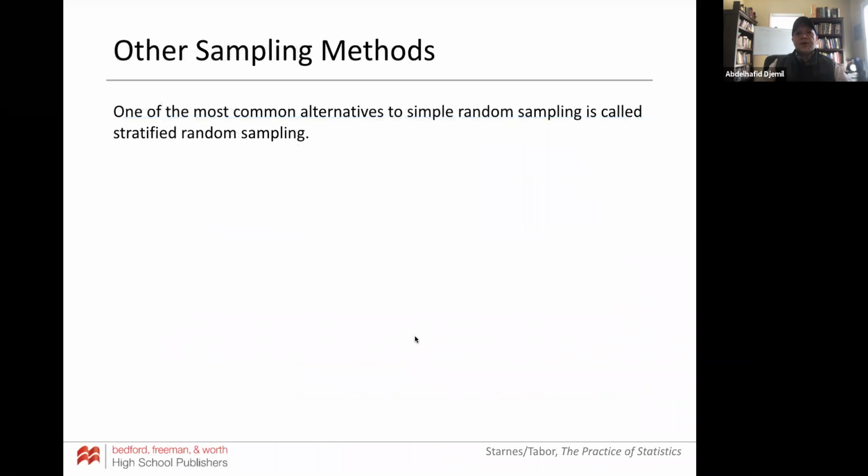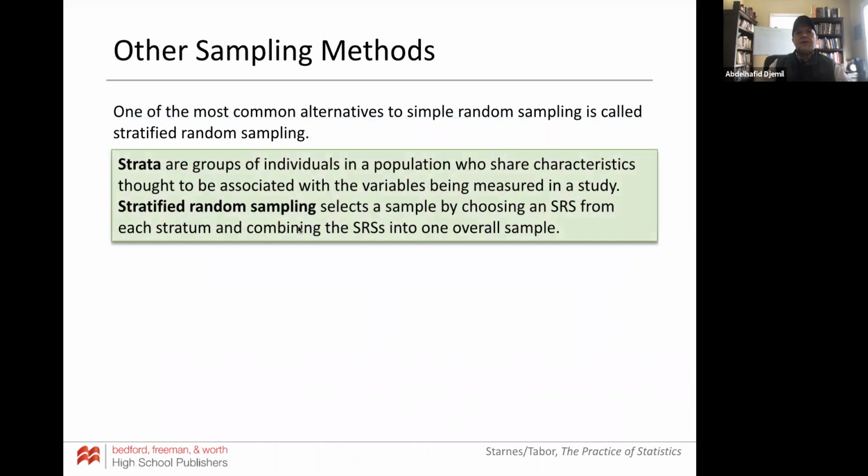So other sampling methods, there is the stratified sampling method, and there is the other method. So strata are groups of individuals, like classrooms, for example, okay? So we have classrooms in each grade, like the 9th grade, 12th grade, or whatever. In the 12th grade, we have 4 classes, and each of them is a strata.